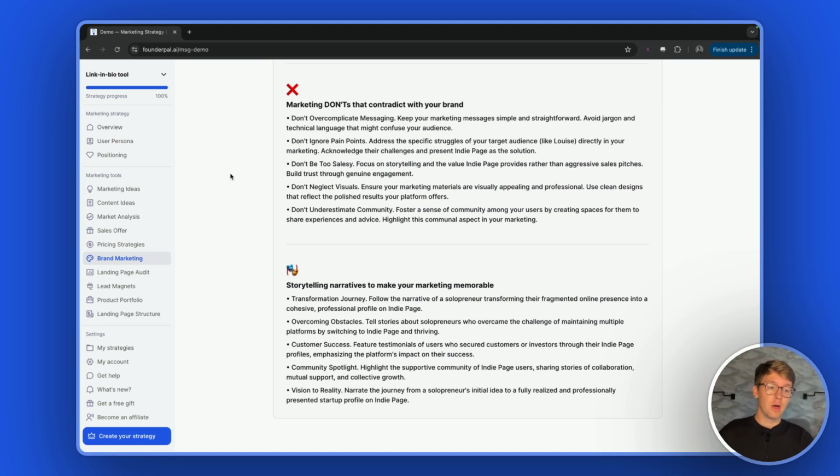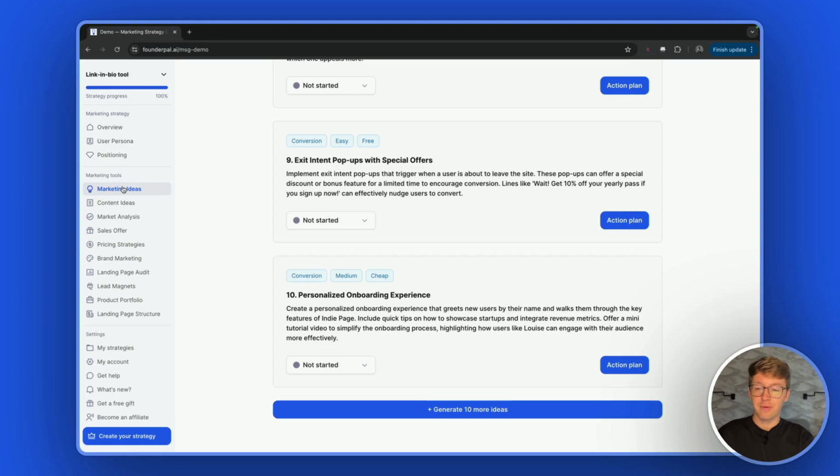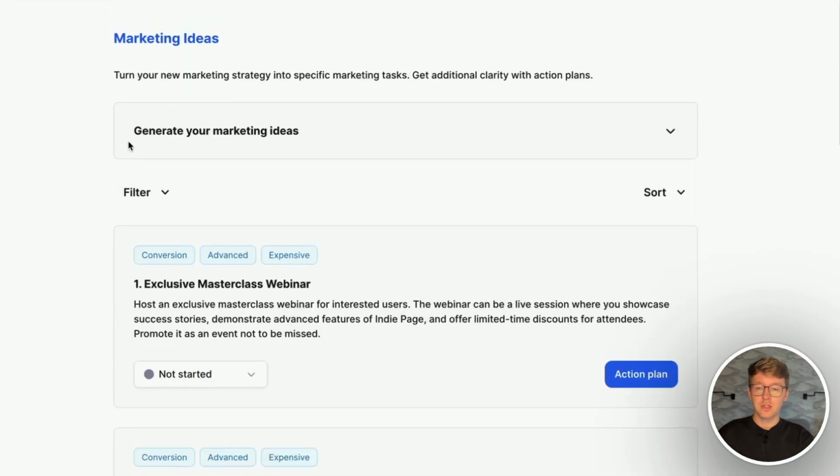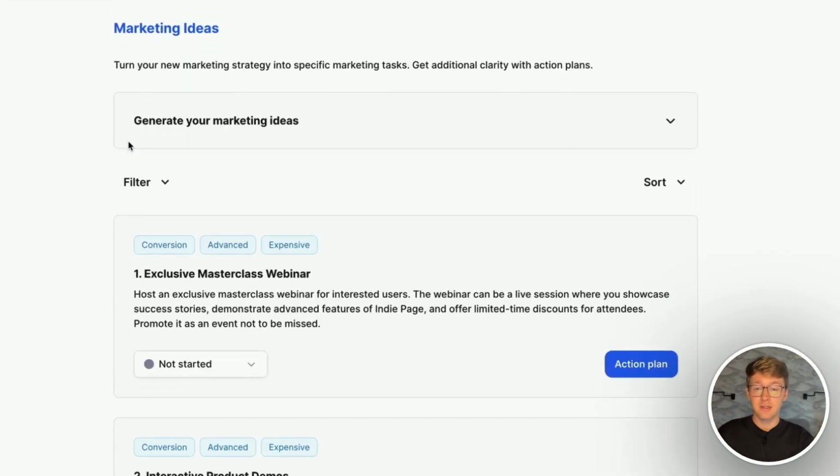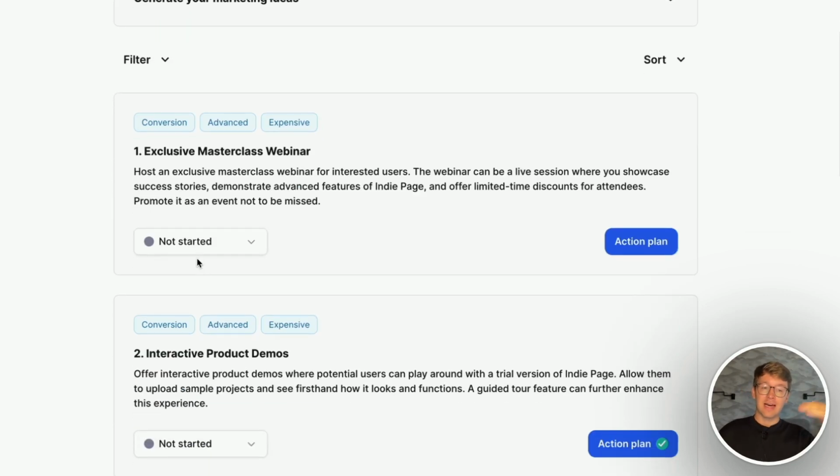Now we're ready to really grow our SaaS by doing different marketing tactics, and we have 3 very useful features. First one is marketing ideas tool that generate either acquisition or conversion ideas. And again, these ideas are aligned with our SaaS, with our audience, with our marketing strategy, so you don't get irrelevant and outdated ideas.